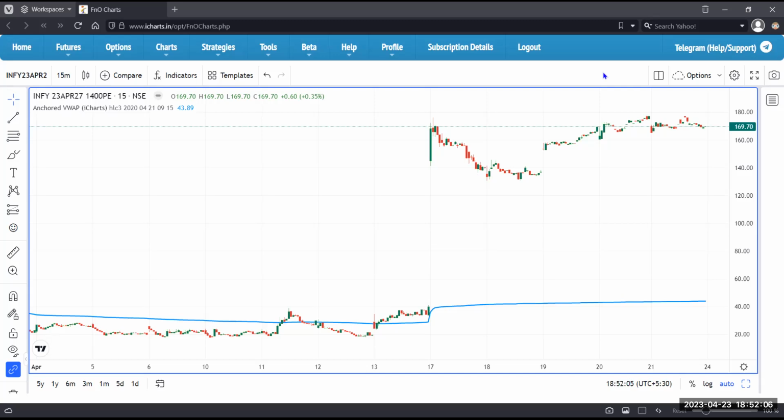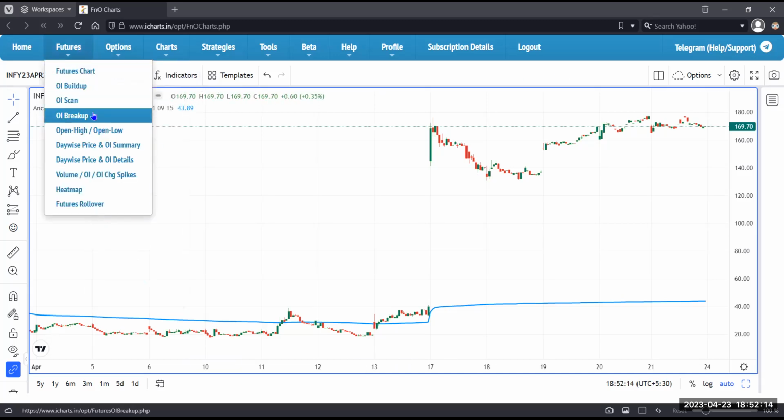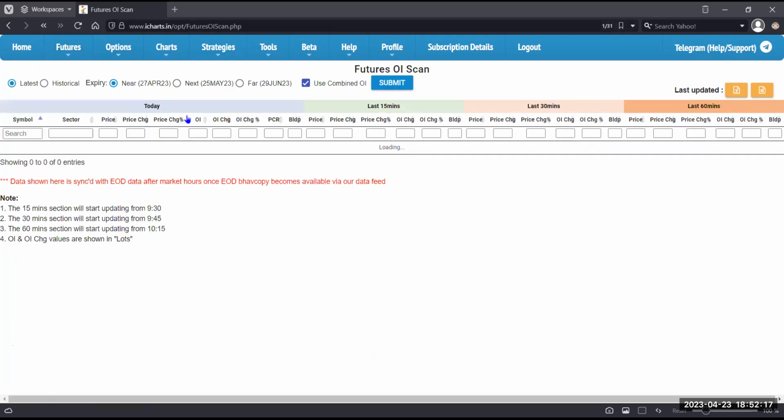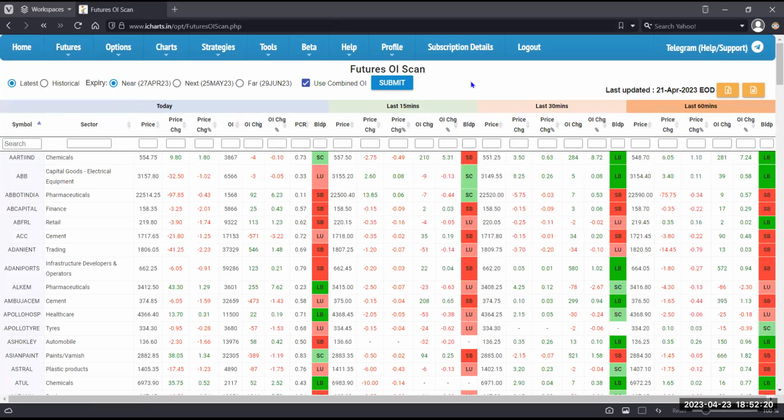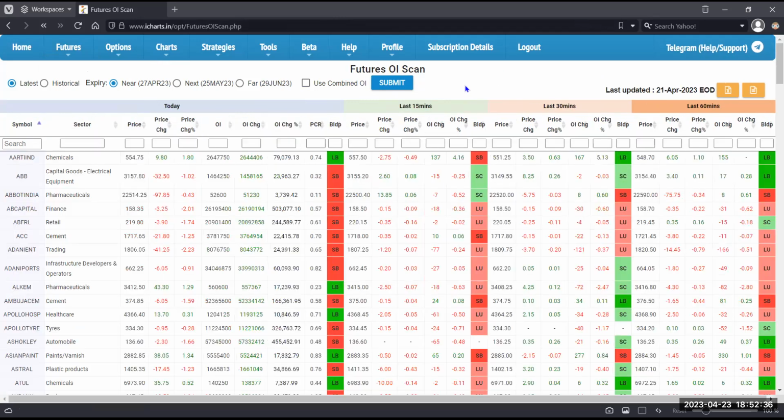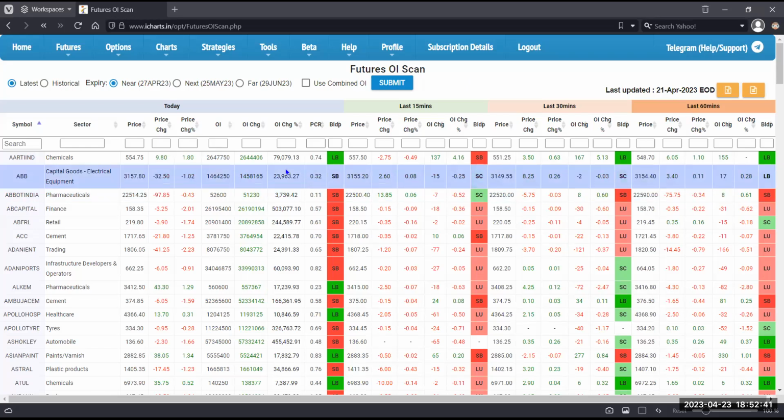Sir, I was seeing a minor defect in the futures OI scan plan, please get that fixed. Yes, it is still being developed. See, the OI change percentage is showing -10, -0.5, but just remove this huge combined OI selection, and then submit. Now see, OI change percentage is saying 7907. It looks like our people have messed up.